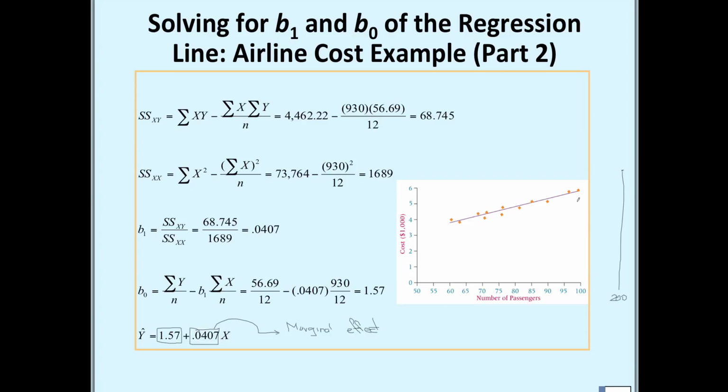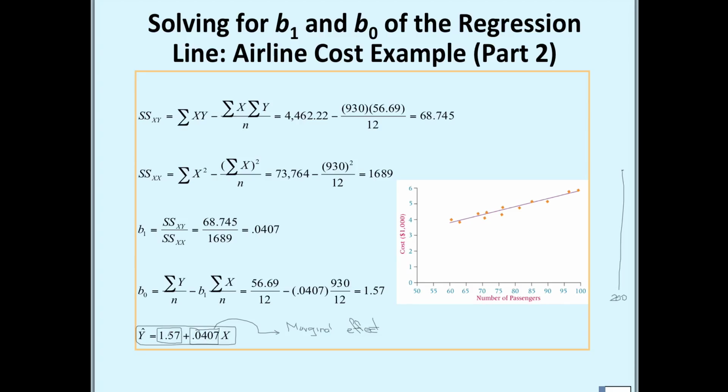You might be able to predict the average cost for 101, 102, but for 200 it's too far away from your range. And it's the same for smaller values. If you want to predict how much cost you would have if you have 20 customers, you cannot. So I want you to write down this equation because we are going to use that.